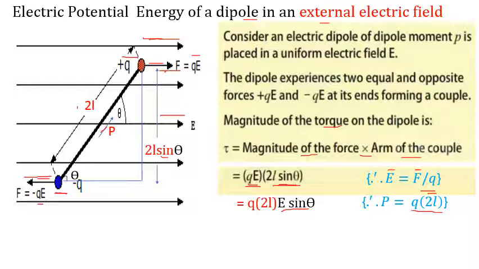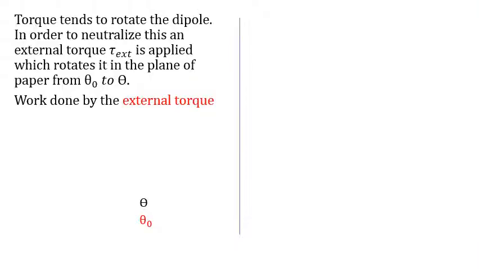This is called the electric dipole moment, which is denoted by P. So this P is nothing but Q into 2L, and so P is replaced. Now this P into E sine theta is nothing but the torque, and due to this the electric dipole is rotating.